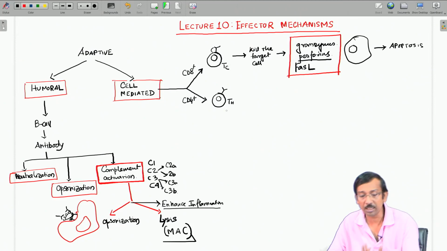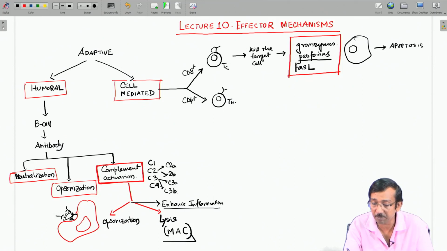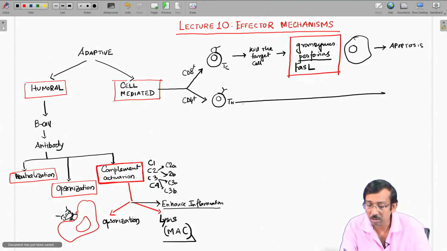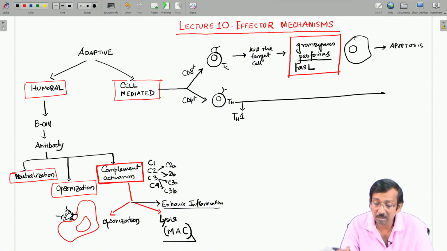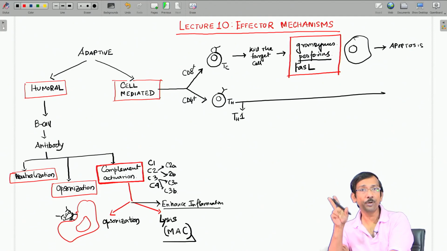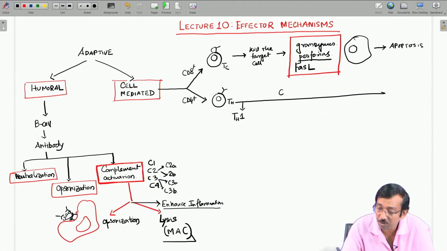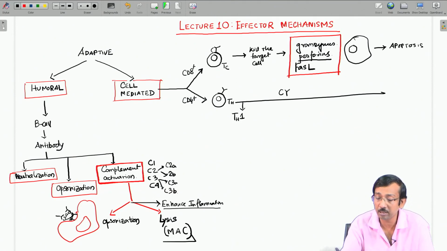The effector subset of these T helper cells includes the Th1, T helper 1. As I told you previously, these T helper cells, or the CD4 plus cells, differentiate into different subtypes depending on the availability of the cytokines. Now comes another effector molecule in the immune system, a very important one, the cytokines.